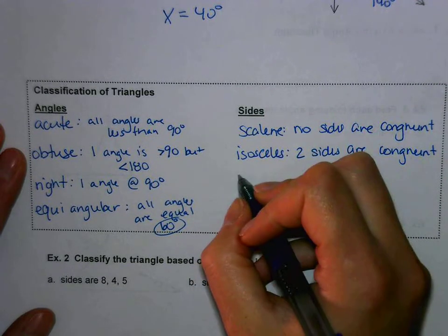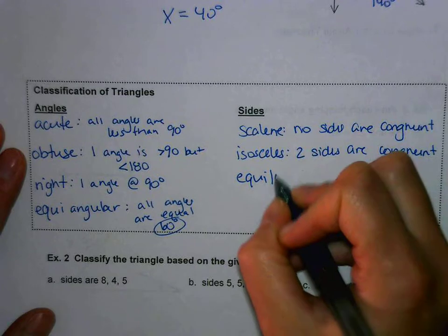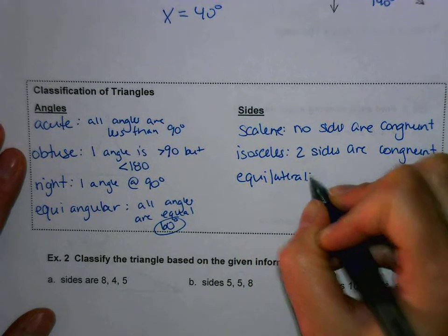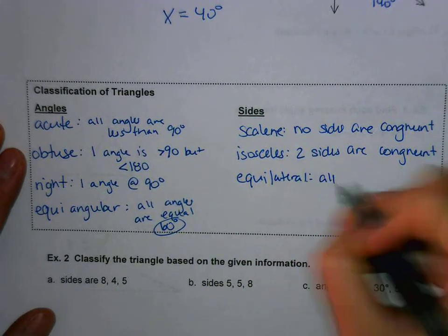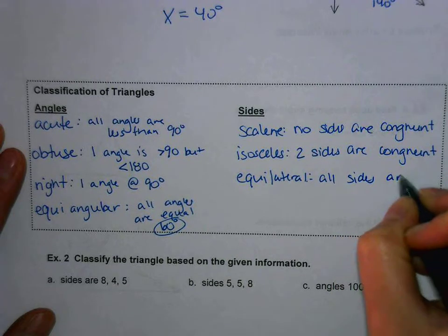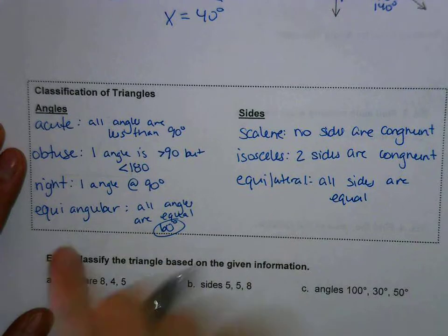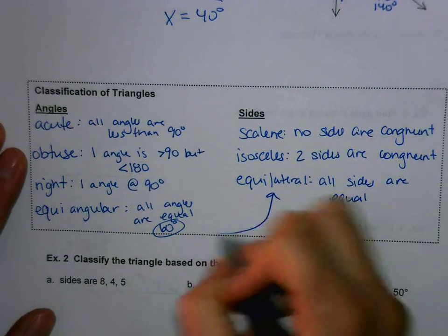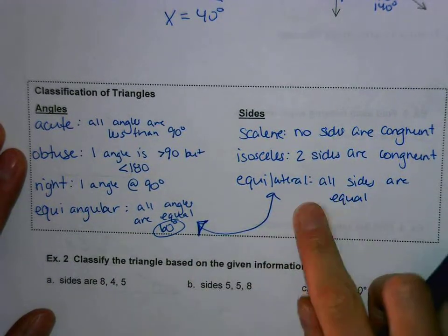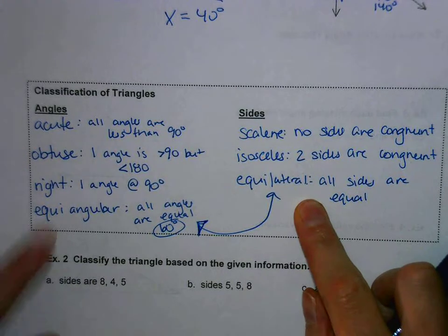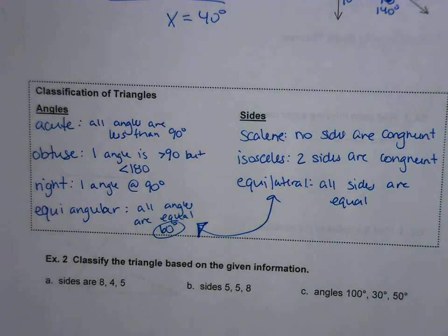And we could also have an equilateral triangle, which means all sides are equal. And if we have equiangular and equilateral, they go in one. So if we have an equilateral triangle, then we also have an equiangular triangle.